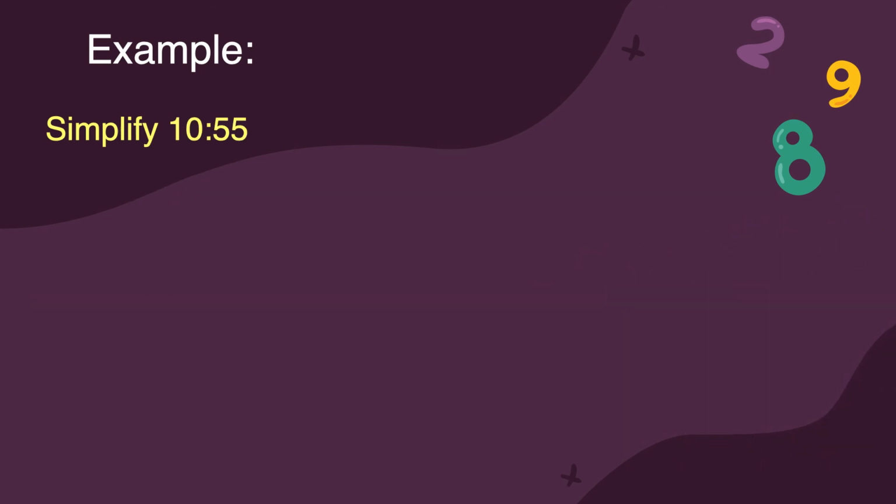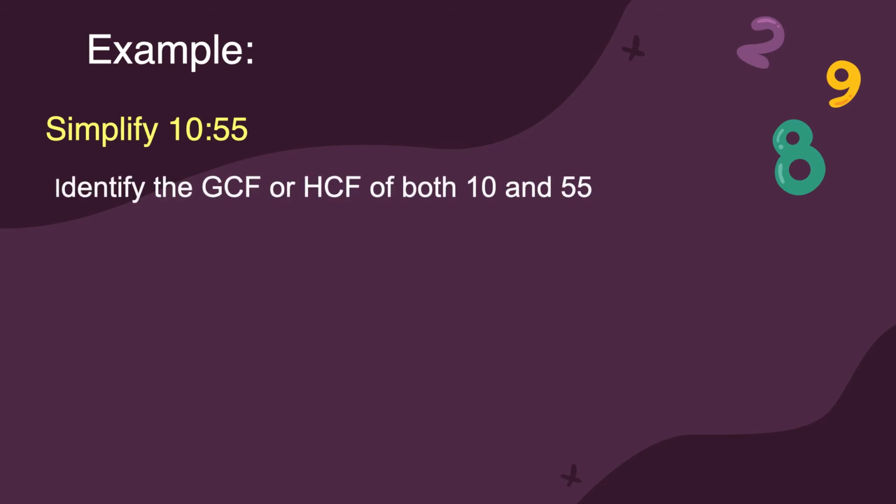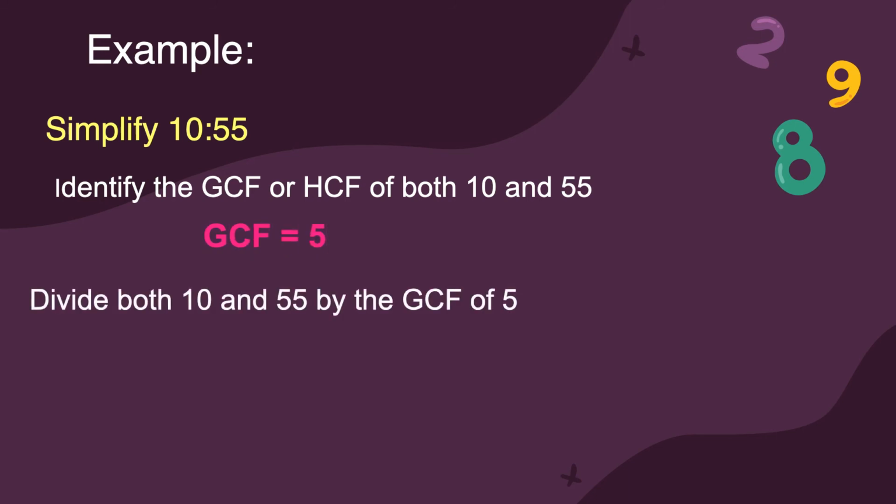Let's look at another example. Simplify 10 to 55. First, we must identify the GCF or HCF of both 10 and 55. That would be the number 5. Next, we divide both 10 and 55 by the GCF of 5. 10 divided by 5 is going to give us 2.